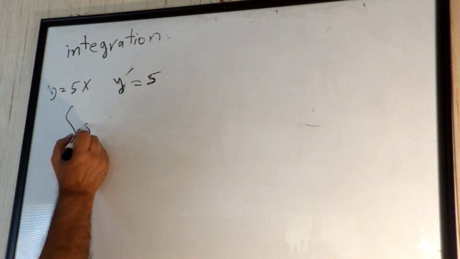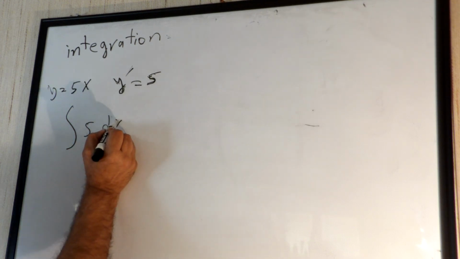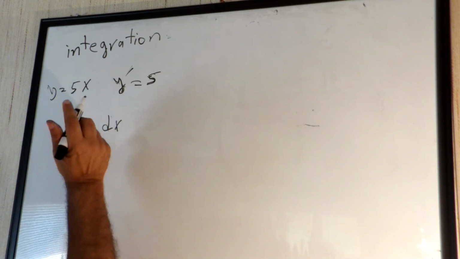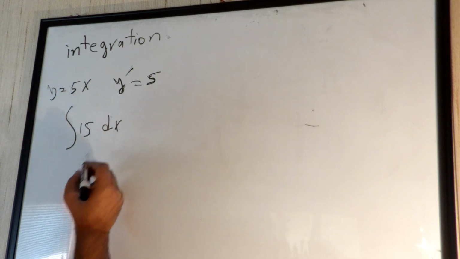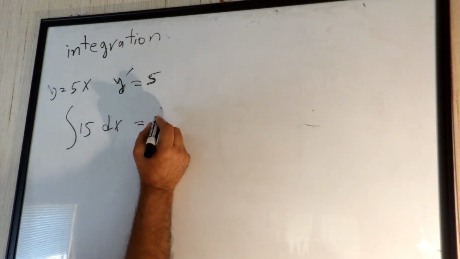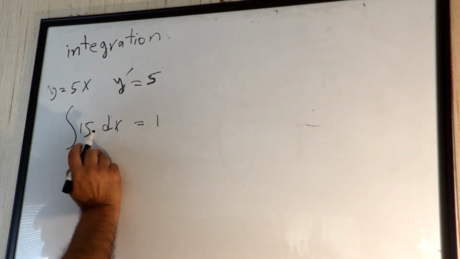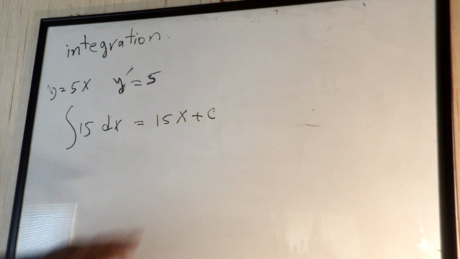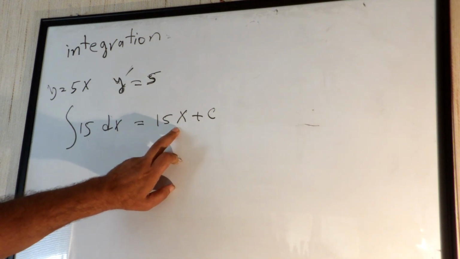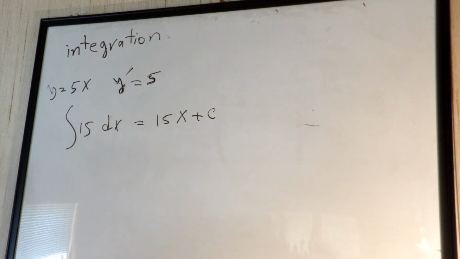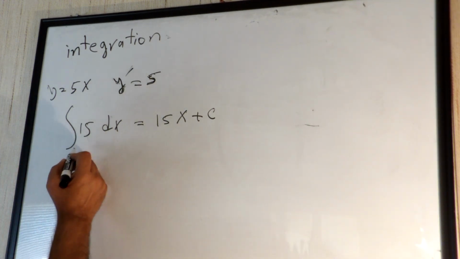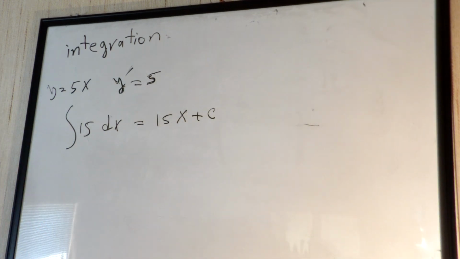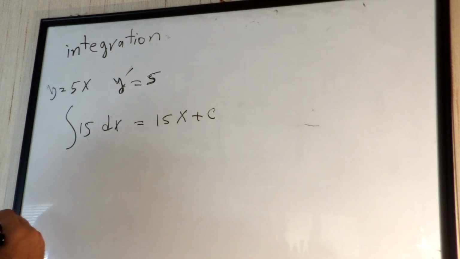If you have something like 5 dx, or whatever the number is, 15x, the integral will be 15x plus c. The derivative of this is going to be 15. So this is the anti-derivative.